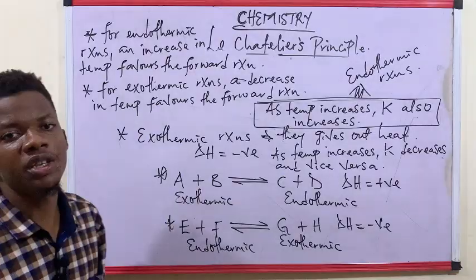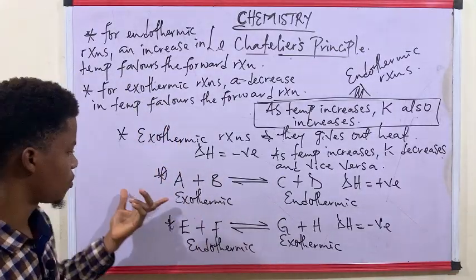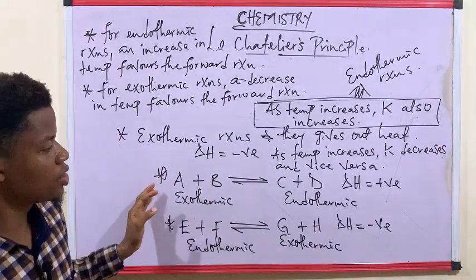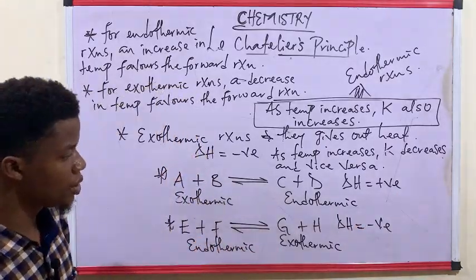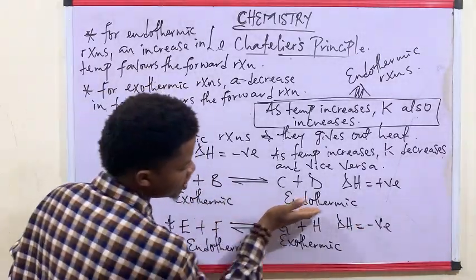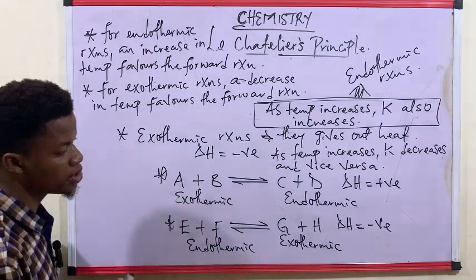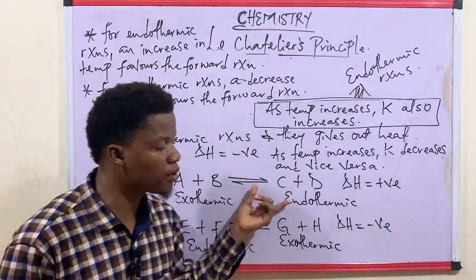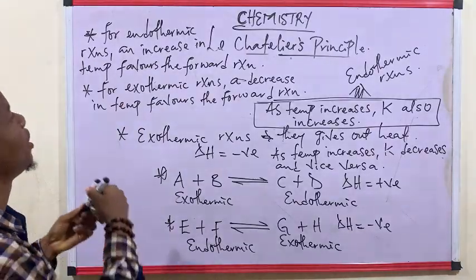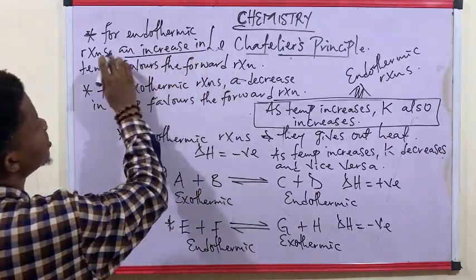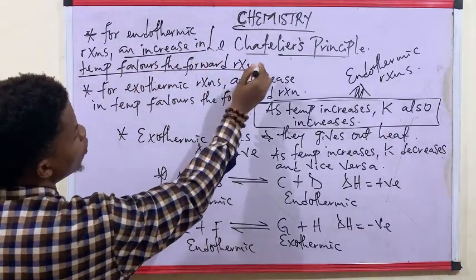All right. So if you look at this one here, when delta H is positive, that's endothermic, you discover that the forward reaction is endothermic and the backward reaction is what? Exo. So it therefore means that if you want to favor the forward reaction, what do we do? According to this, we need to increase the temperature, because an increase in temperature favors the forward reaction.